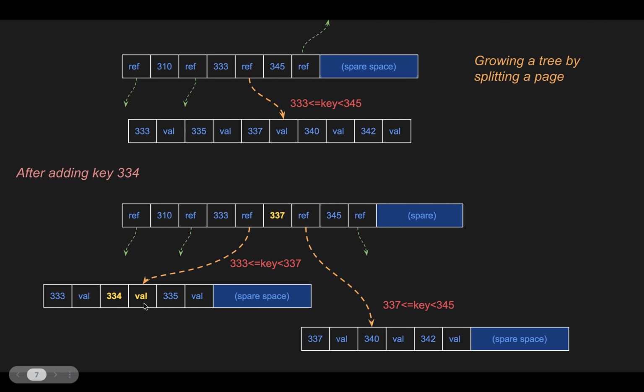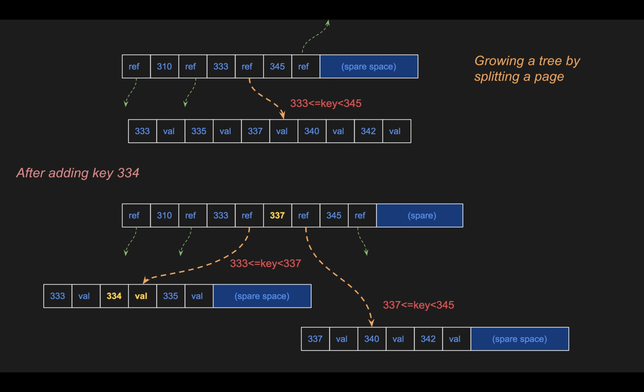After this split, the left page contains all the keys and values up to the key 335, and the right page has all the keys which are greater than 335. The parent page is also updated to account for the new subdivision of key ranges.